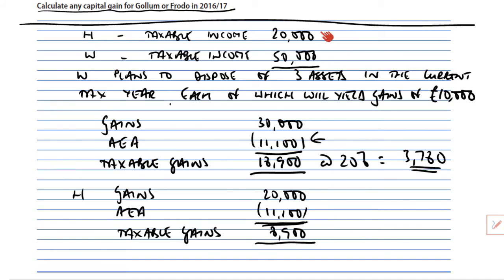His taxable income up here is only 20,000. His basic rate band limit, 32,000. Taxable gains, only 8,900. So that 8,900 will have to be taxed, but it'll be taxed at 10%. 10% of 8,900 is £890.